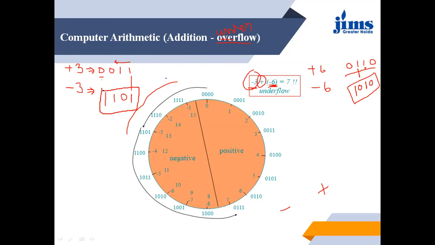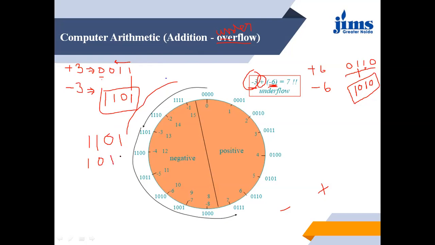Now we have to add minus 3 and minus 6. So minus 3 is 1 1 0 1, and minus 6 is 1 0 1 0.